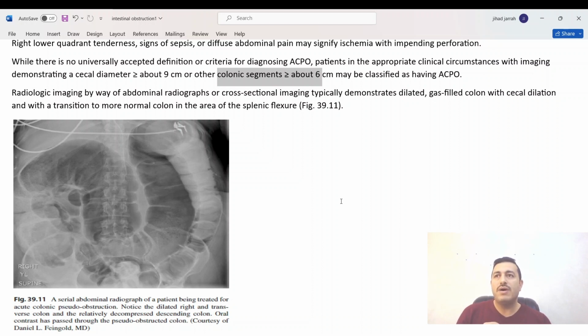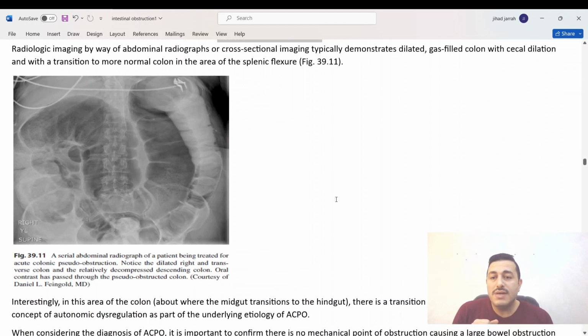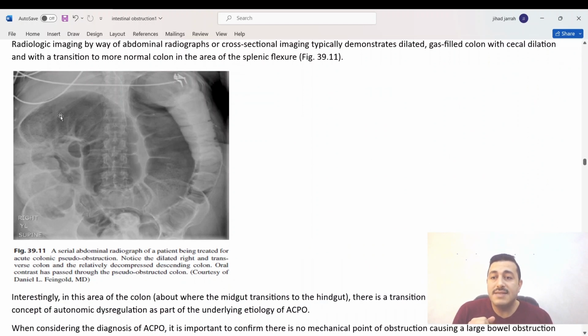Most likely, we found that acute colonic pseudo-obstruction has a transition zone between dilated, immobile bowel proximal to the splenic flexure, with normal bowel distal to it. You can see in this picture how the ascending and the transverse colon are dilated. This is the splenic flexure, and distal to it, it's collapsed.